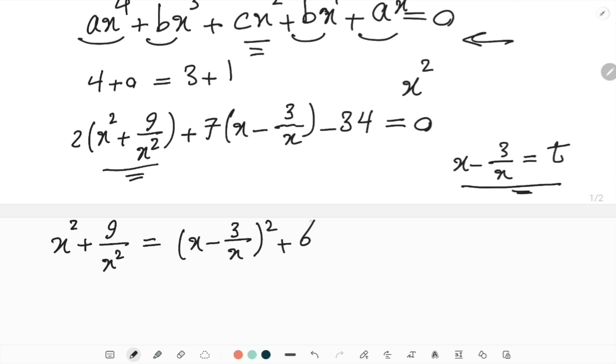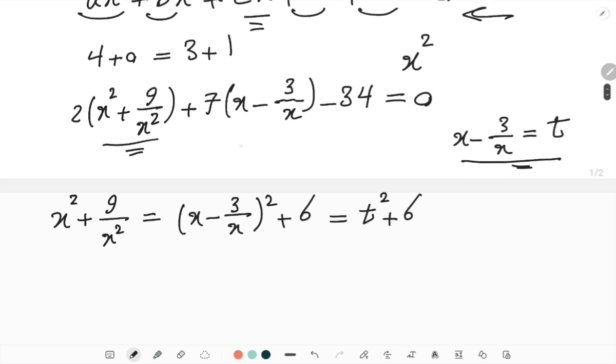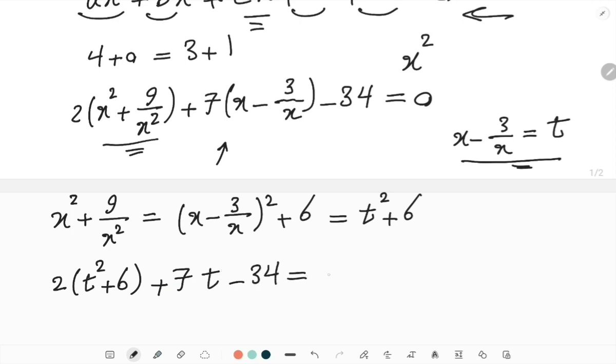I hope you agree with me. You have to just expand this. It's not really difficult, and then that is nothing but t squared plus 6, which means if I go back to this equation here, then I get 2 times t squared plus 6 plus 7t minus 34 equals 0.